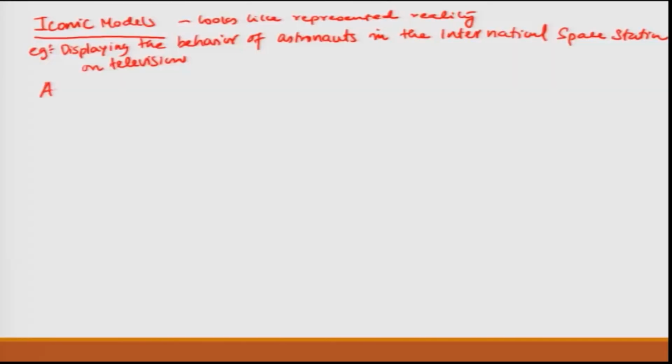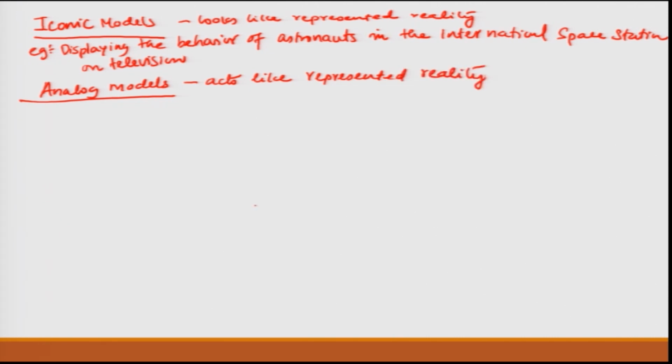Now, let us talk about something called an analog model. Okay. What are analog models? Analog models act like represented reality. The previous case looks like the represented reality. In an analog model, it acts like represented reality.